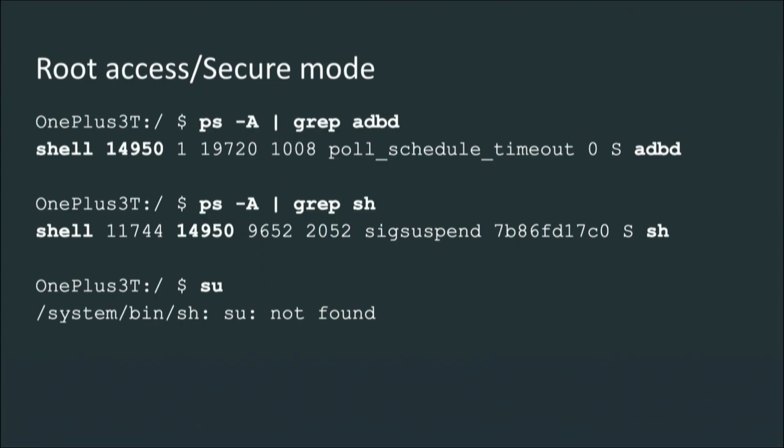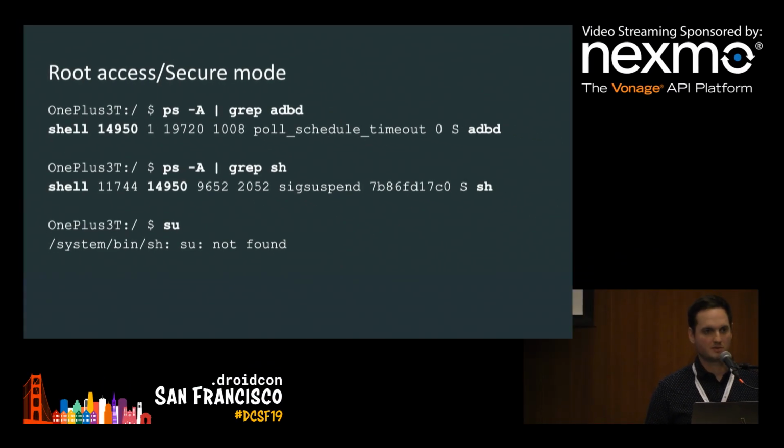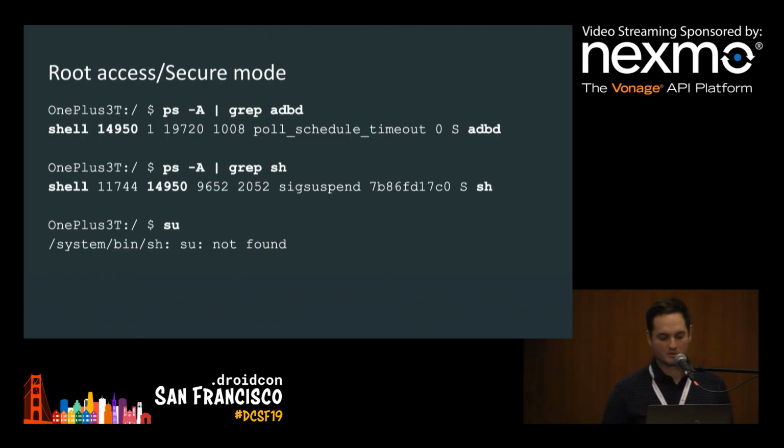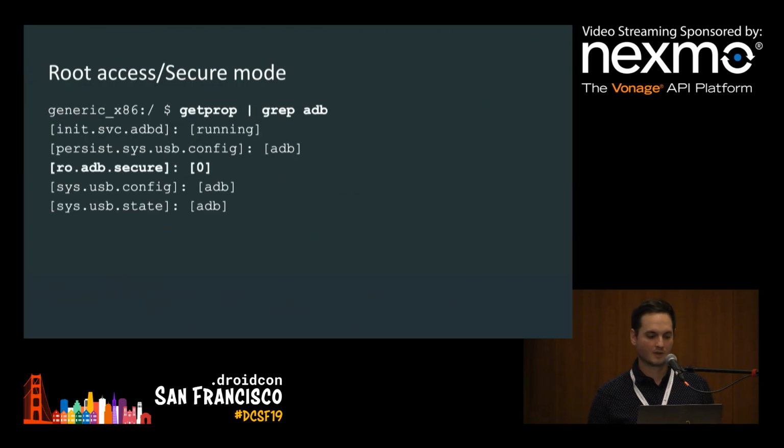And if we want to switch user to root or to any other one, we cannot do it, because the su binary is not available on a production device. And the same thing goes with ADB root. If we go out of the shell on Android back to our development machine, we cannot restart ADB to run as root because we're on a production build.